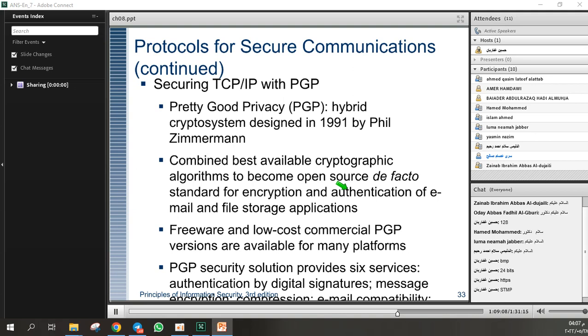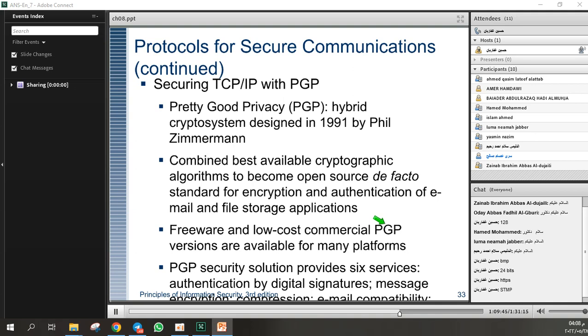It can provide encryption, authentication, everything for emails, for FTP, and other TCP/IP services. The cost of using PGP is very low. It has some low cost commercial versions applying in most current platforms.